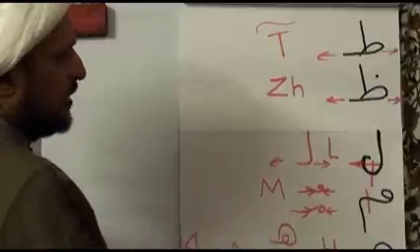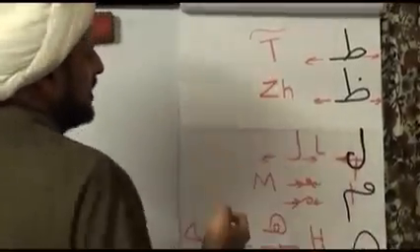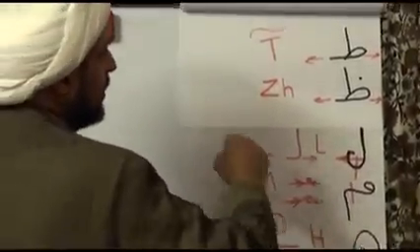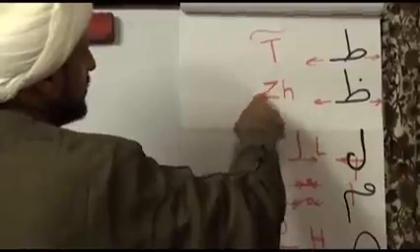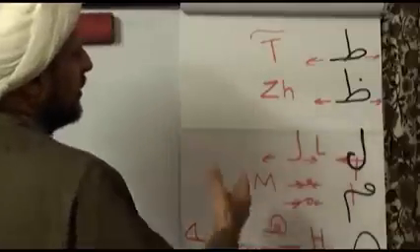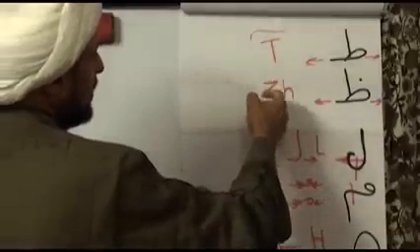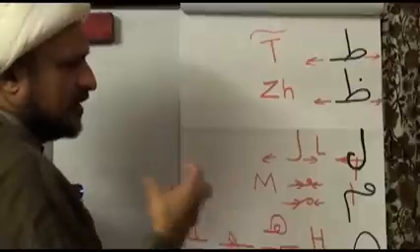The remaining letters complete the 28 letters. So we have Ta, hitting up. Dha, it is like Z and H, sometimes a blended sound between Z and H, like Dhohor. It is not exactly correct, but that kind of sound comes.